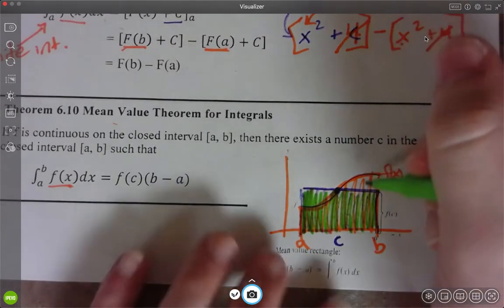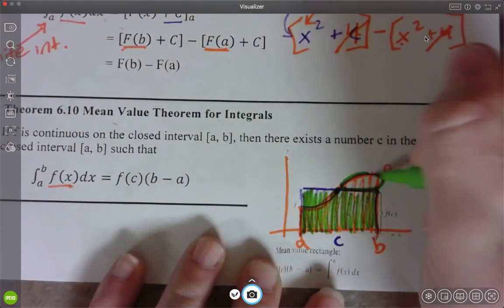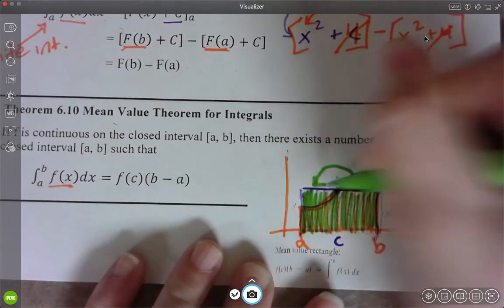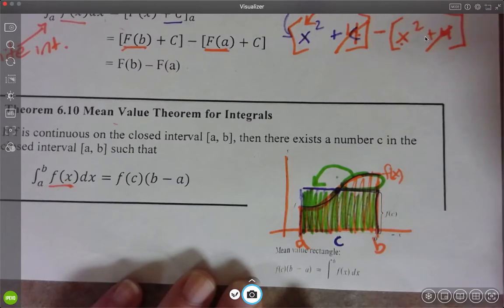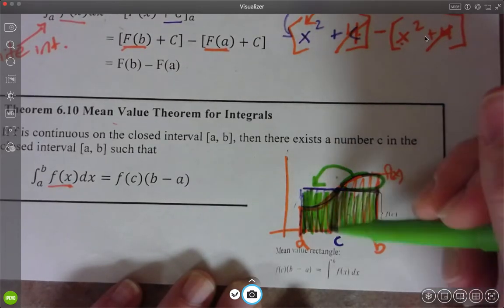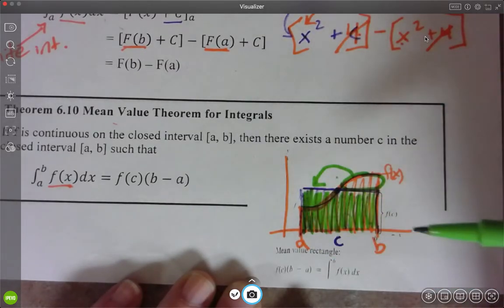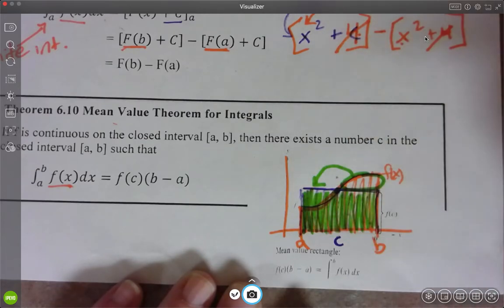Basically, they're taking this area that's up top here and shoving it down under there. And they're saying that this c value will end up making a rectangle out of a really ugly curvy function, and those two areas will be the same.